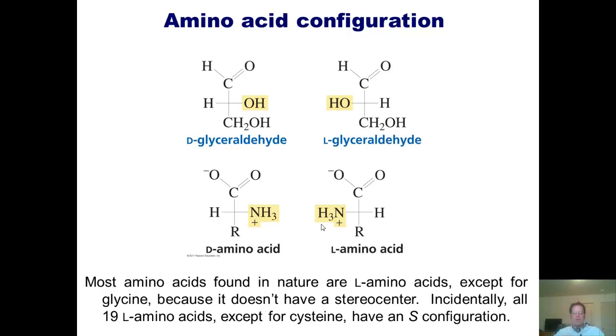And just in case any of you appear in a trivia show later in life, you might want to know that all of the 19 L-amino acids that have stereocenters, glycine does not have a stereocenter, so it's not included, but those that do have stereocenters happen to have an S configuration, except for cysteine, which has an R configuration. If any of you want to know why, you can ask me in class.